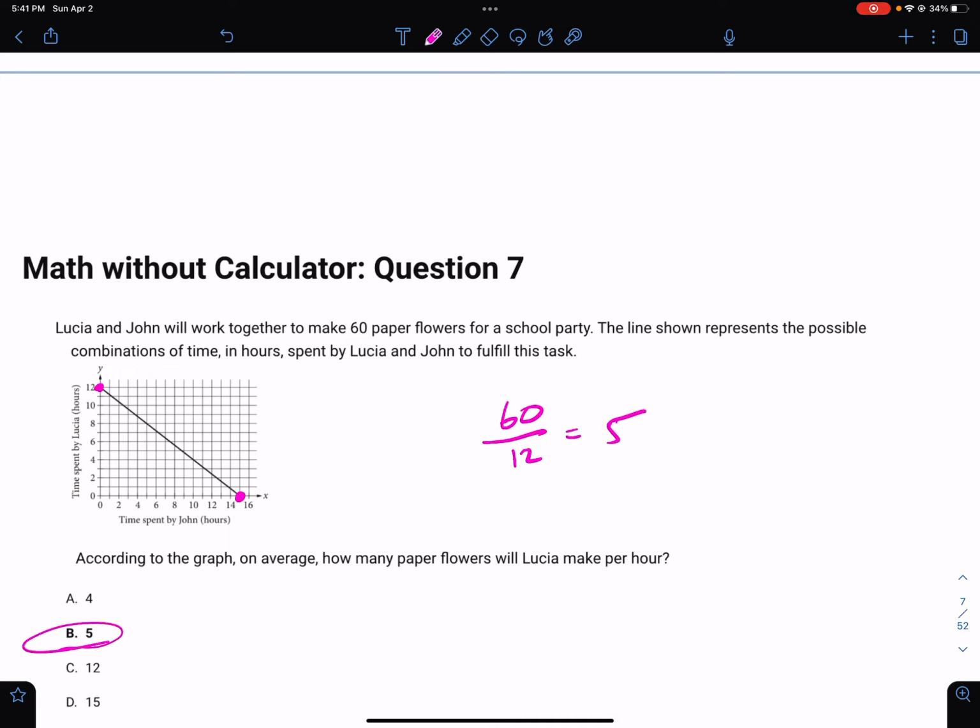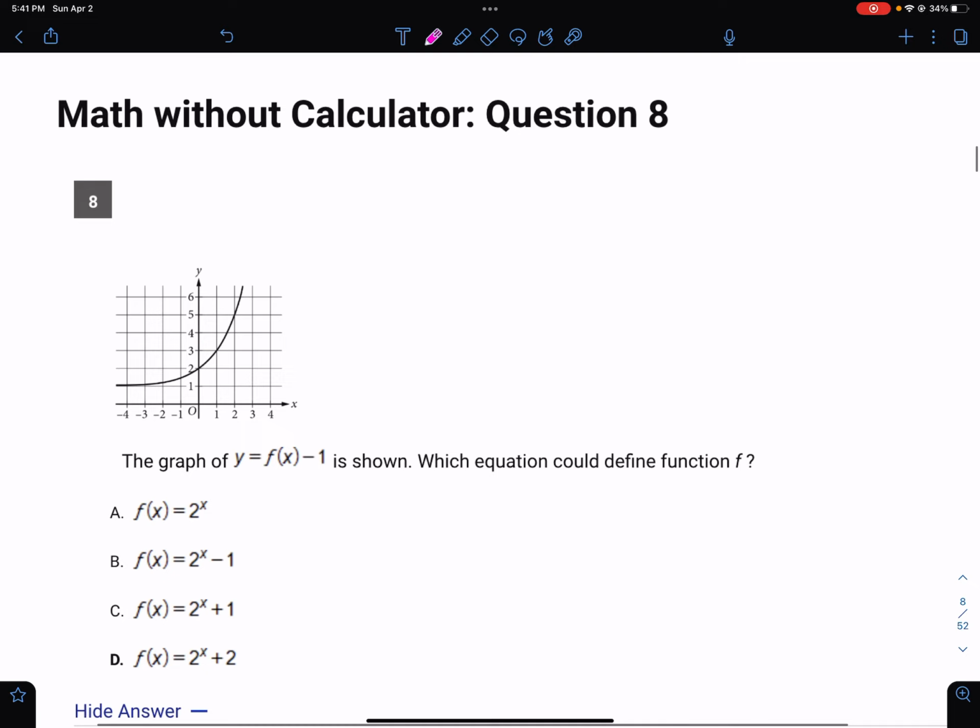That's number 7. Come down here for number 8. Oh boy, graphing exponential functions. Interesting. This says the graph of y equals f of x minus 1. In other words, it was shifted down 1, suggesting that each of these points were probably at some point up 1. So which one of these answers would have a y-intercept of 3?